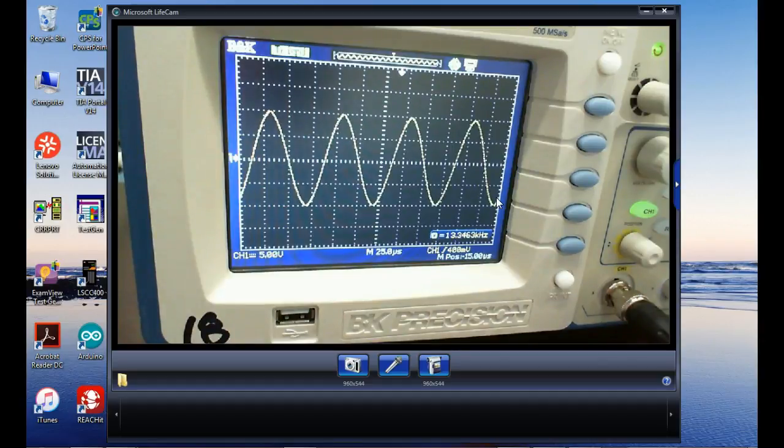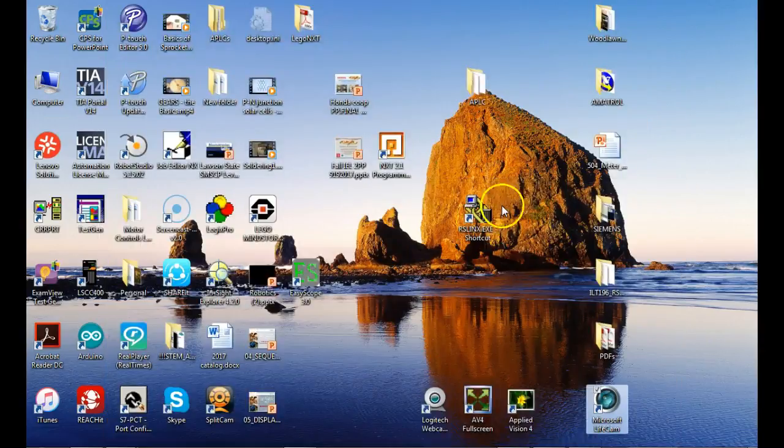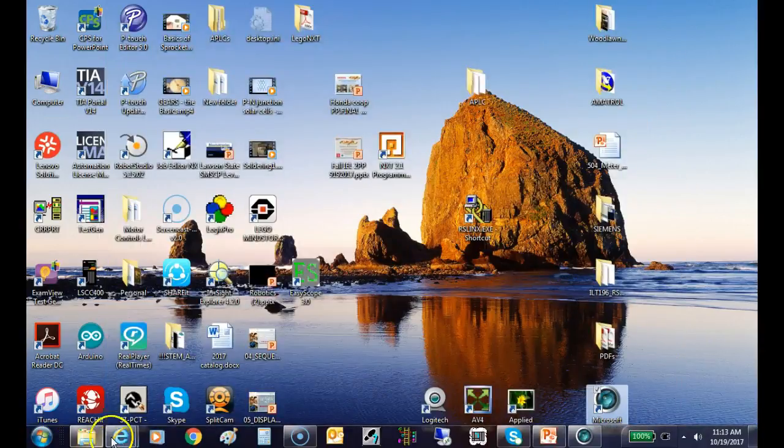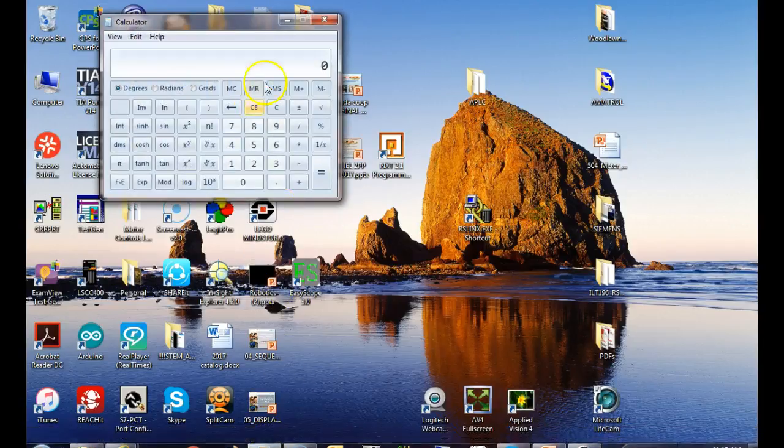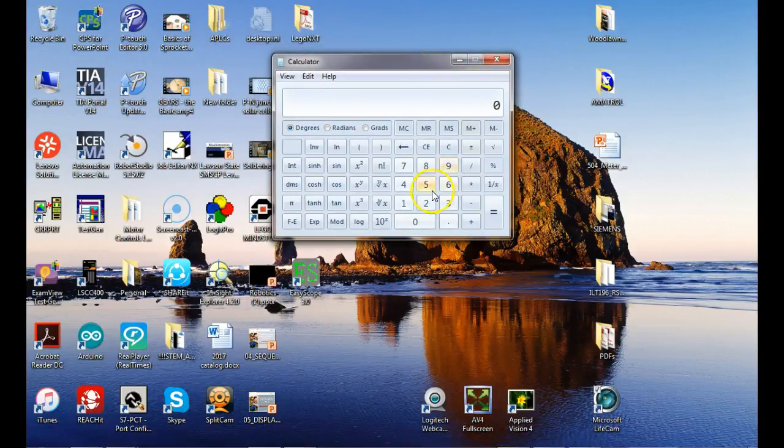If you raise any number to minus 1, you get the reciprocal. So getting the reciprocal is another name we use for getting the inverse. So if I say 5, and then take the reciprocal key, it's going to come up and say 0.2. 0.2 is the opposite of 5.